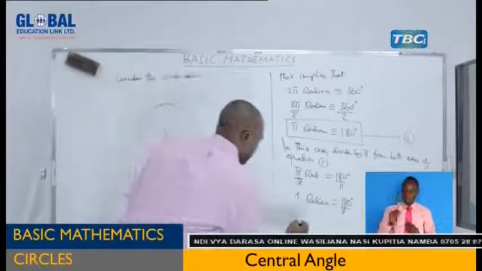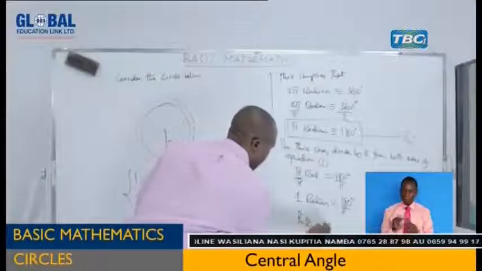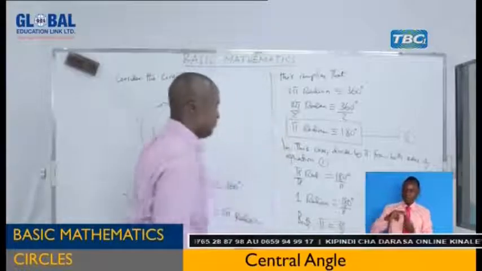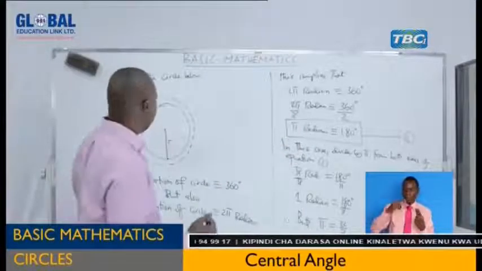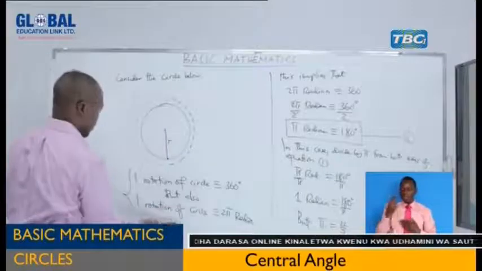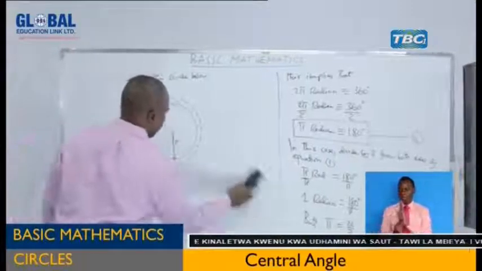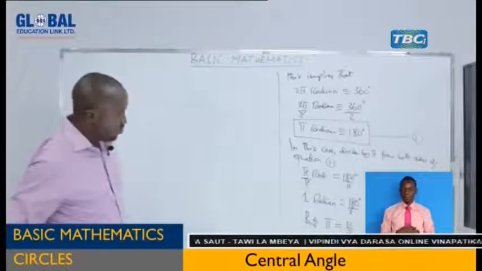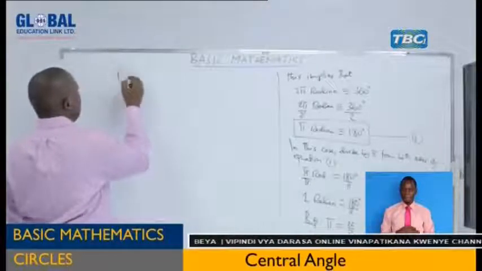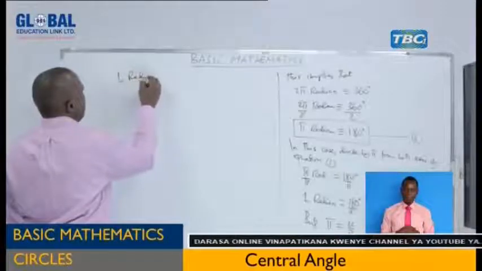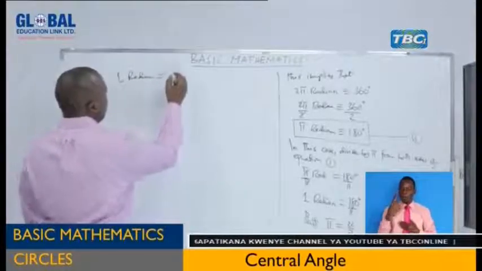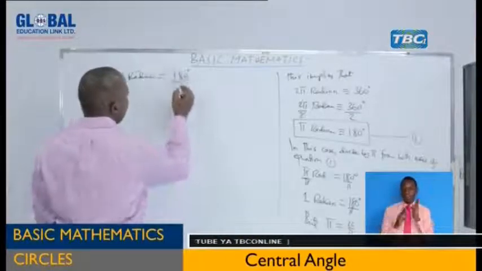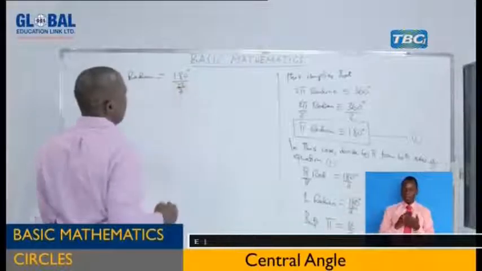But pi is the same as 22/7. So in this case, 1 radian will be equal to 180 degrees over 22/7.